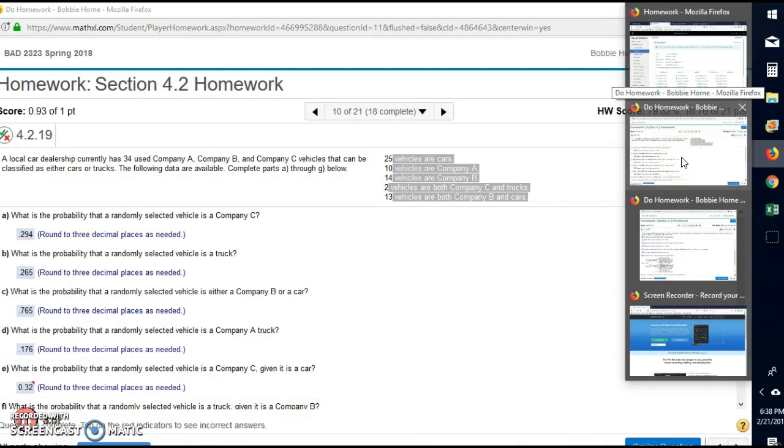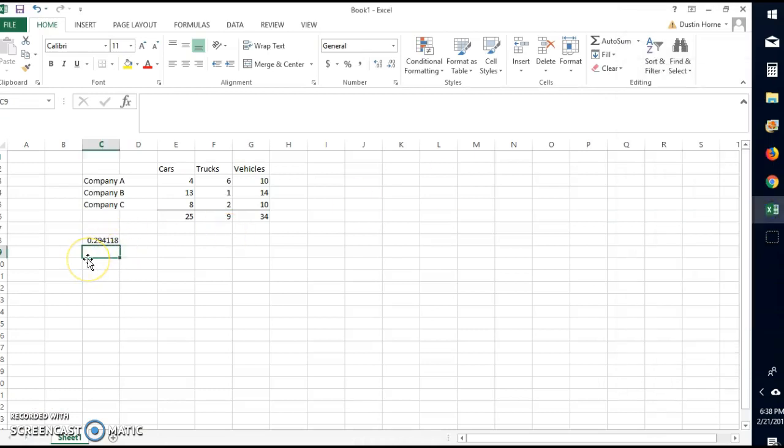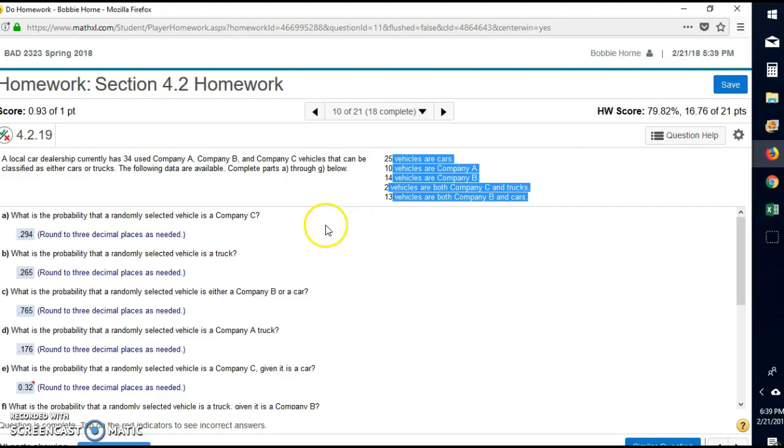And then what is the probability that a randomly selected vehicle is a truck? For a truck, we have a total of 9 trucks out of 34 vehicles. So the probability would be 0.265.